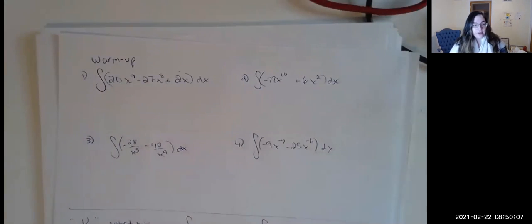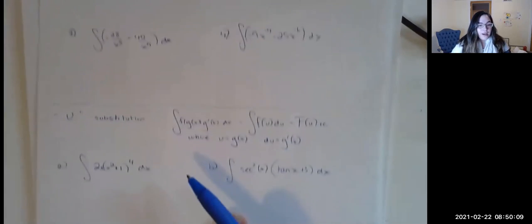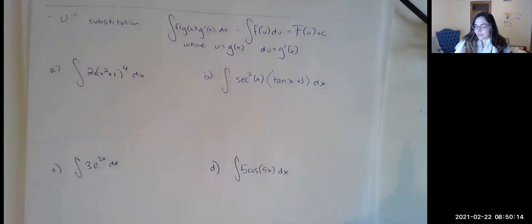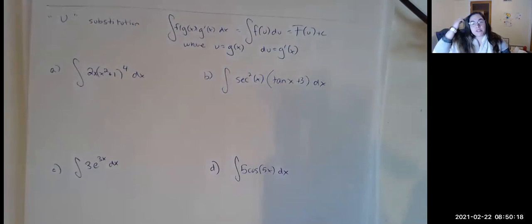What I want to do now is talk about U-substitution. So if we had, for example, an integrand that we were supposed to integrate that was a function within a function, some kind of composite function, we have a rule for that.